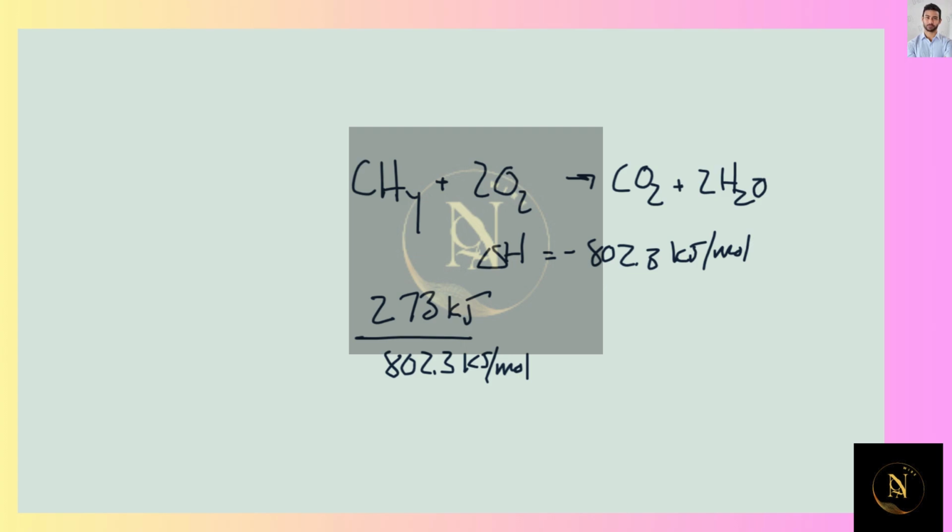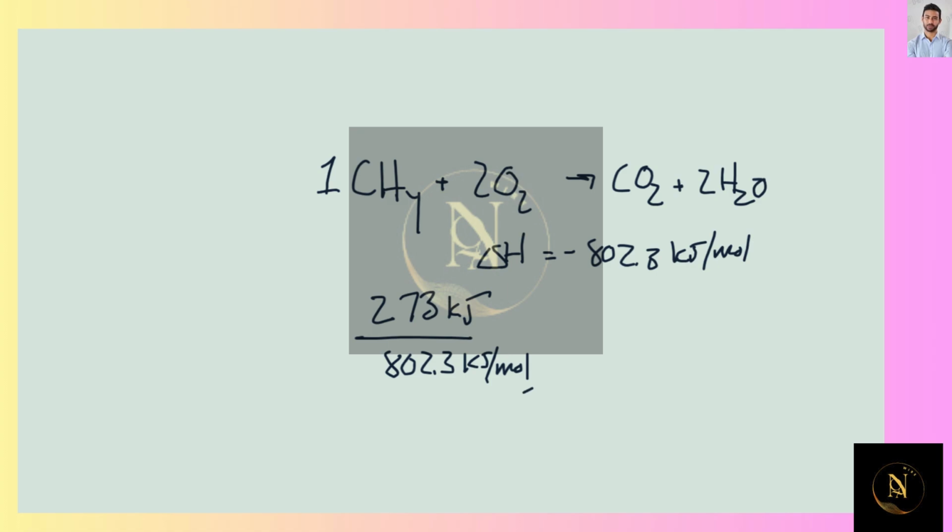Okay. And then if we do this calculation, no matter what number we get, notice that we'll have moles left over as our unit, right? And that mole is going to correspond, because there's an implicit 1 here, this happens for every 1 mole of CH4, that this will tell us the number of moles of methane that we would need to generate that much heat.